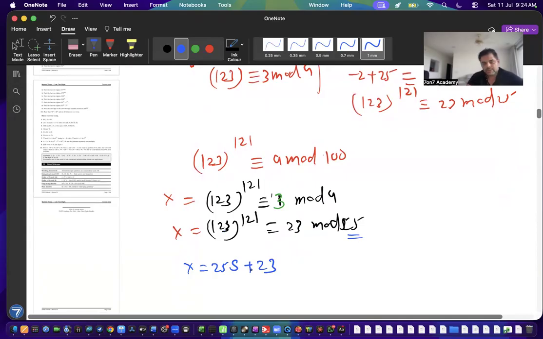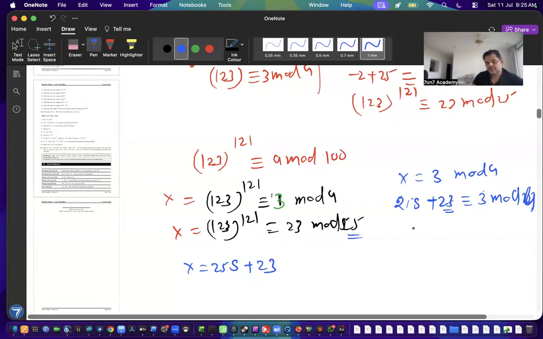Now replace this in the other equation, x congruent to 3 mod 4. So 25s plus 23 is congruent to 3 mod 4. 23 is 3 away from a multiple of 4, so this is reduced by 3, and the 3 on the other side is gone too, because you subtract the same number from both sides. So 25s is congruent to 0 mod 4.